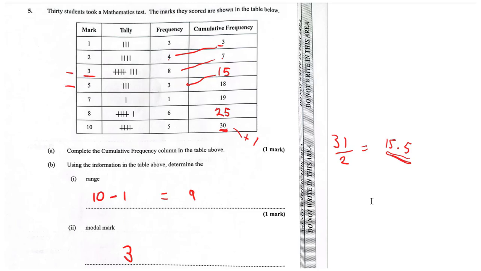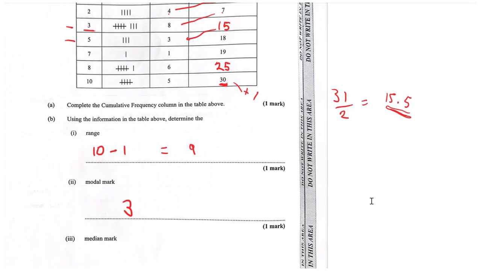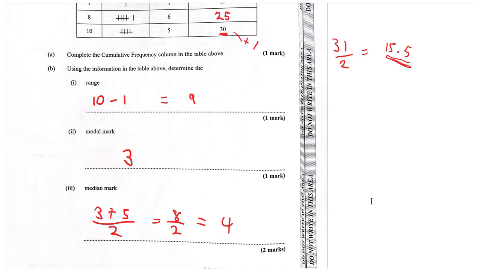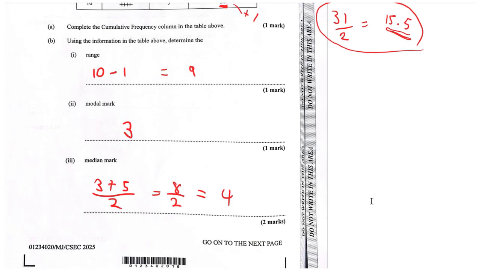So if we add 3 plus 5 and then divide that by 2, that is going to give us 8 over 2, which is equal to 4. So what we did here is to find the position of the median mark, right?